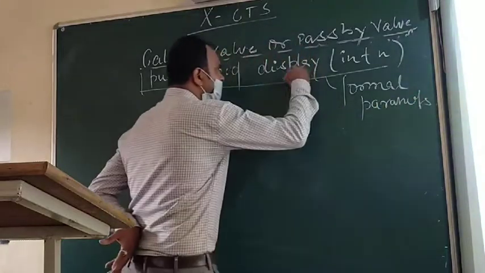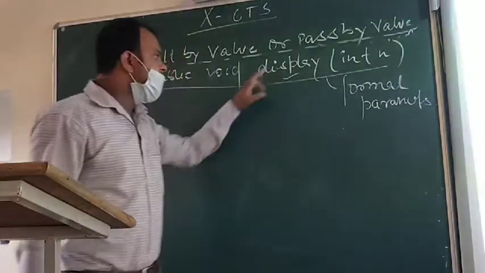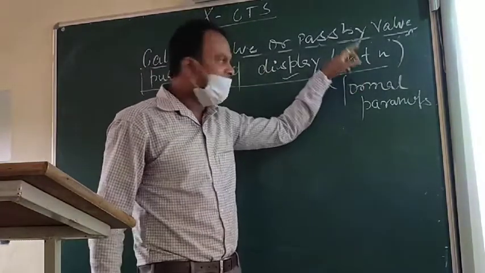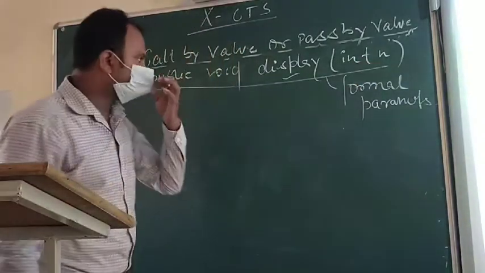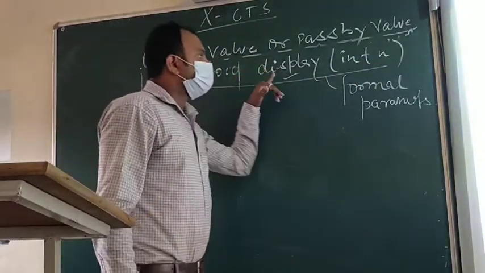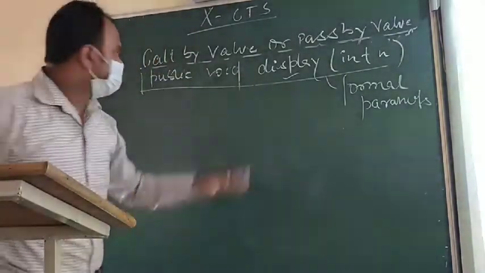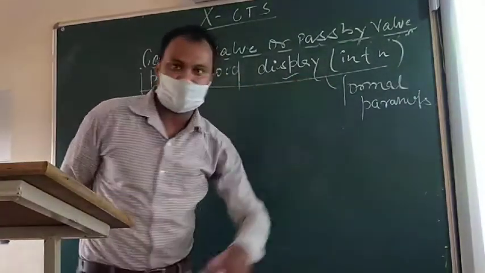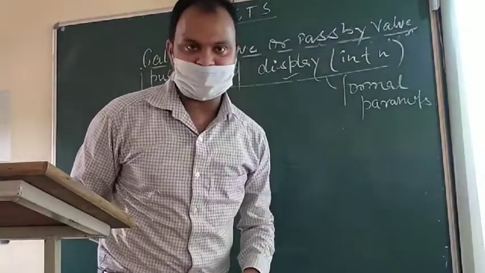This is called formal parameter because we have defined a method display which contains one parameter of integer type, and the variable name is n. So the first line of the method definition is called formal parameter.